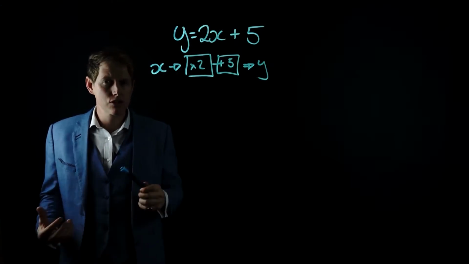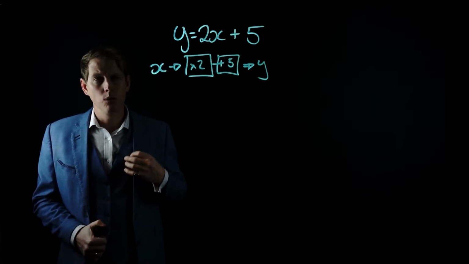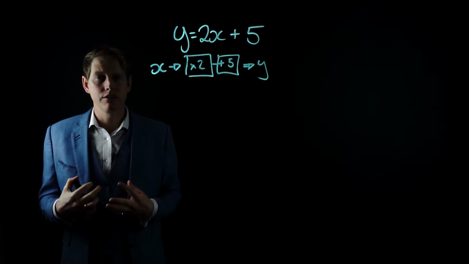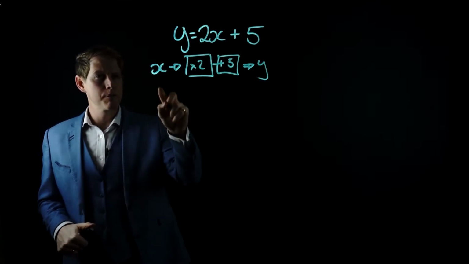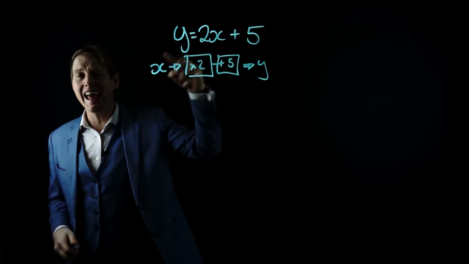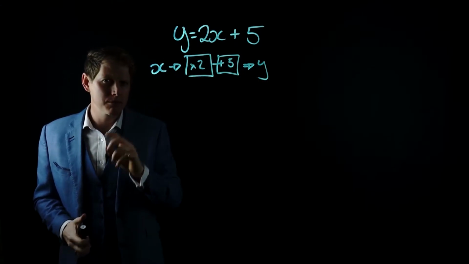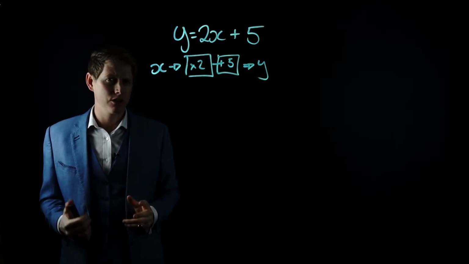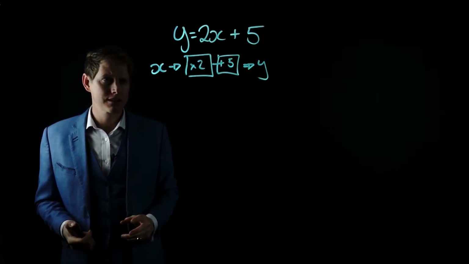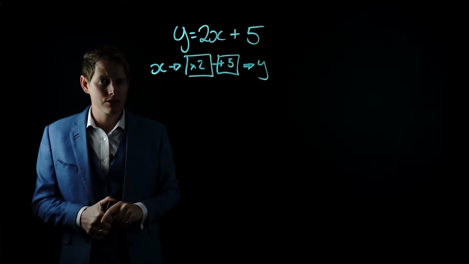Now, that's useful to know because what we're going to do now is generate x and y coordinates by substituting values, any values really, into this equation. But we're going to be a little bit more specific with the values that we use.